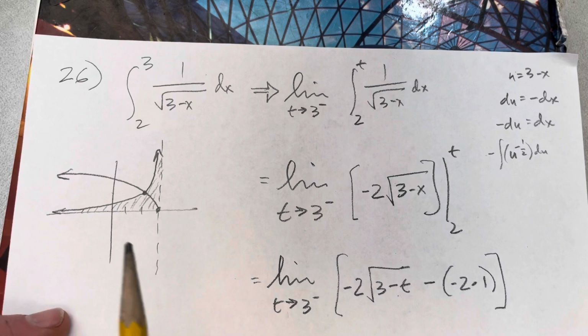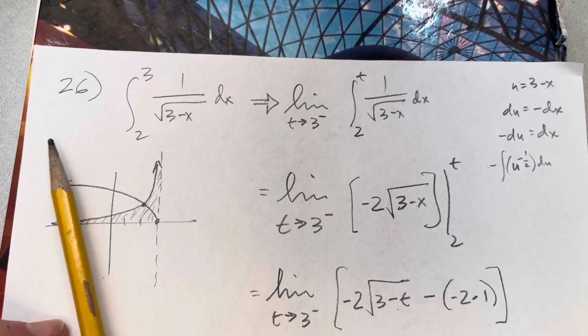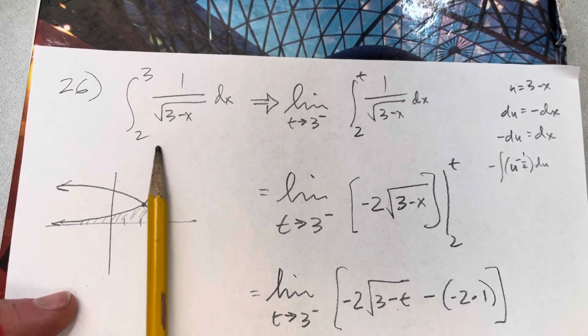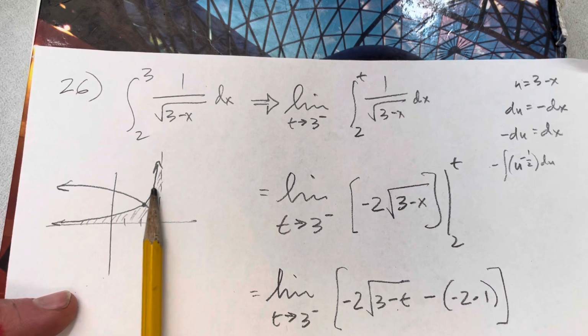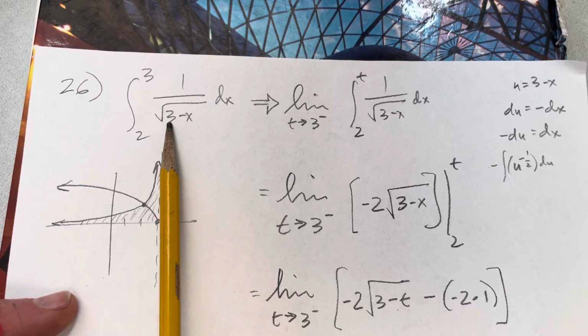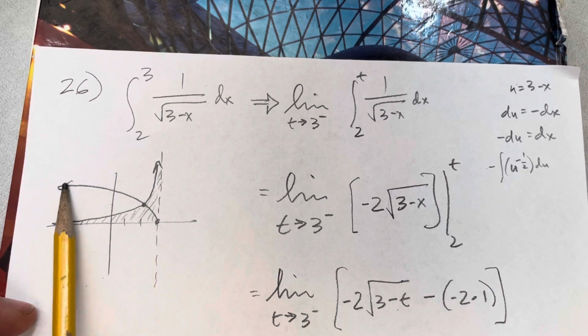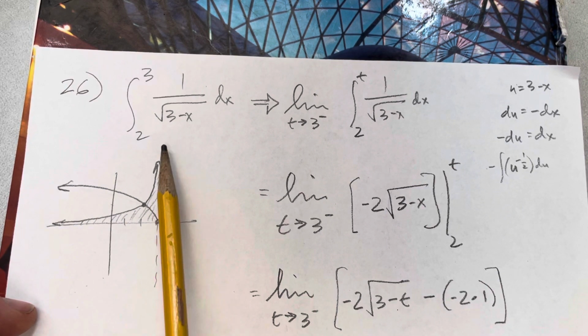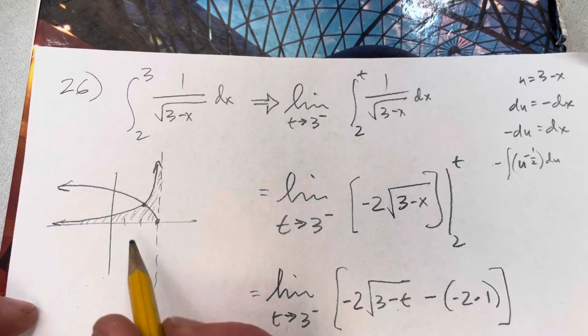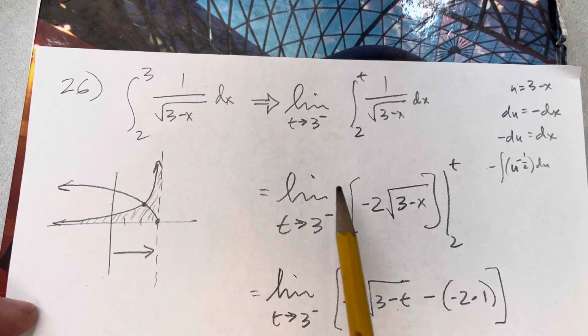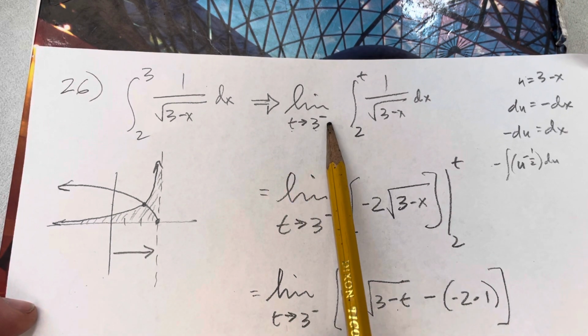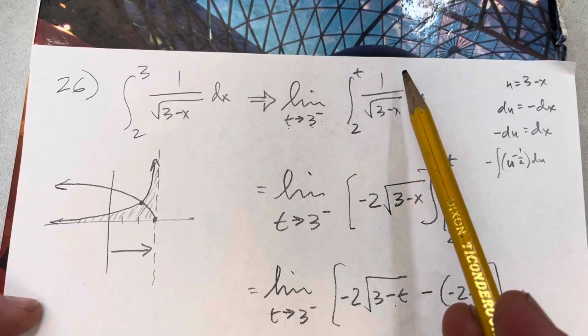Then in this case, in 26, this one is a type 2 where we're approaching an asymptote. The original graph of 3 minus x square rooted is this flipped square root function. The inverse of that then can be sketched like this. We're clearly going to be approaching this from below, so I write that as t is approaching 3 from the left. Here's my integral.